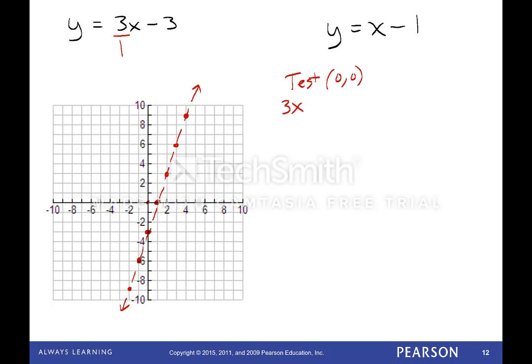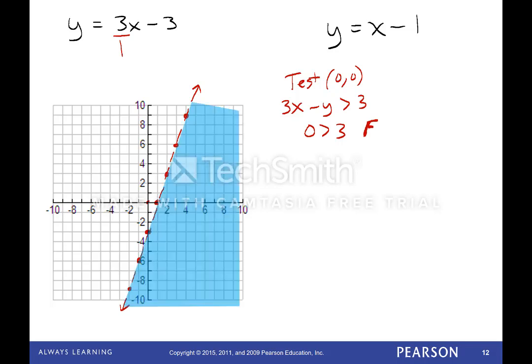So we're going to plug in 3 times 0. Let me rewrite it here so I know exactly what I'm plugging into. The whole left-hand side becomes 0. We're comparing 0 to 3: is 0 greater than 3? I don't think so. That is a false statement, so we shade towards the right-hand side of this particular line.